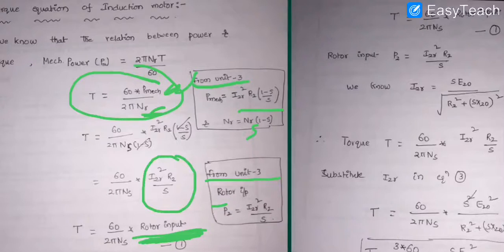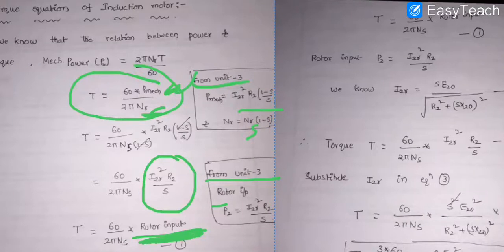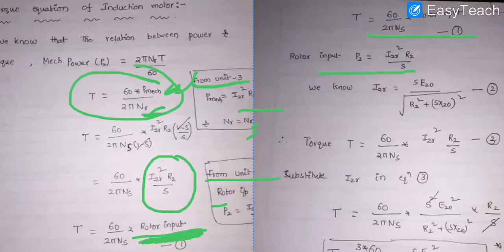Now coming to the continuation. This is our equation 1. From this equation 1, rotor input is given by this one. We know that I2R is equal to S into E20 by square root of R2 square plus S into X20 whole square.